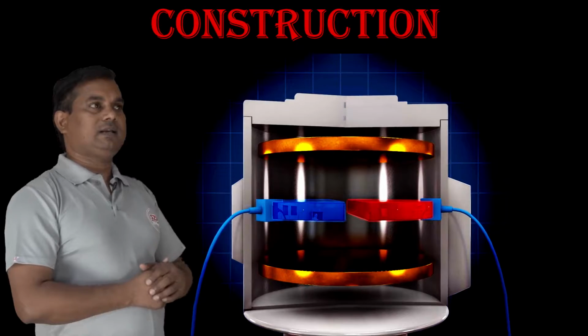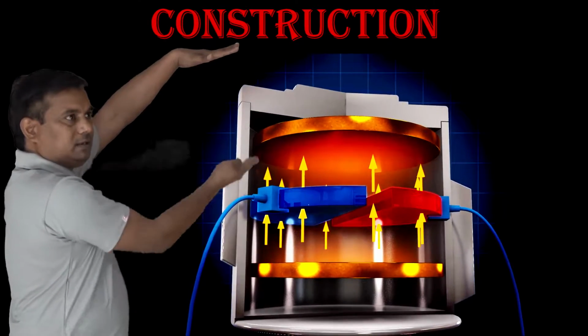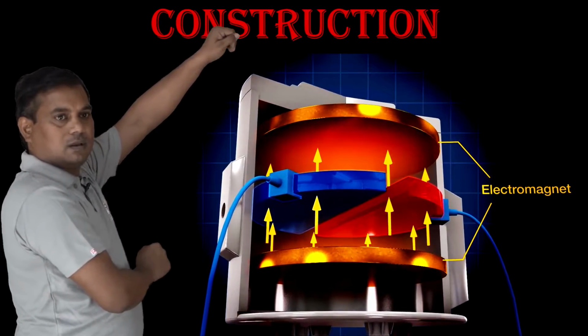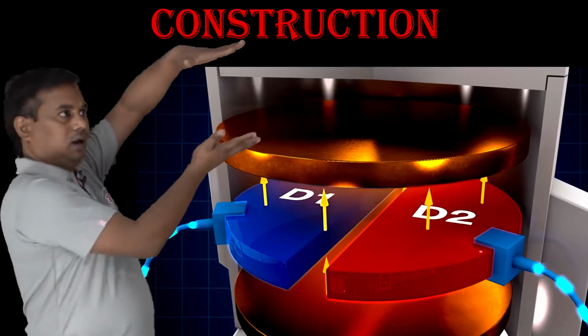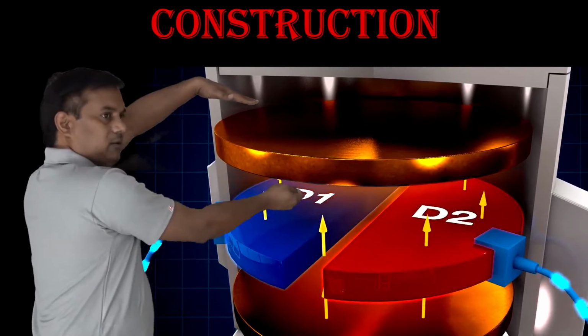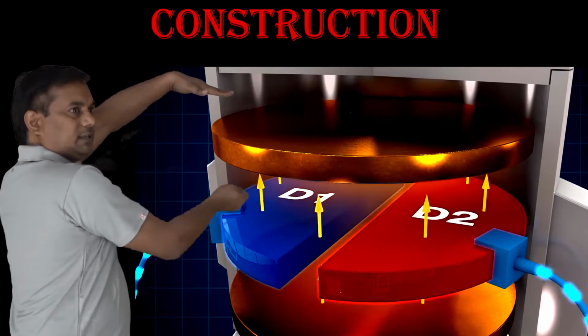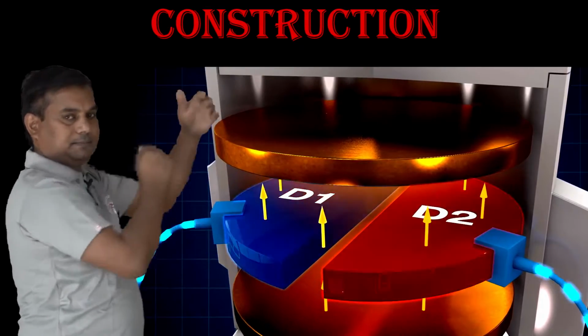A magnetic field is placed perpendicular to the face of these Ds. So we achieve two things: an electric field which is oscillating in the horizontal direction, and a vertical magnetic field.